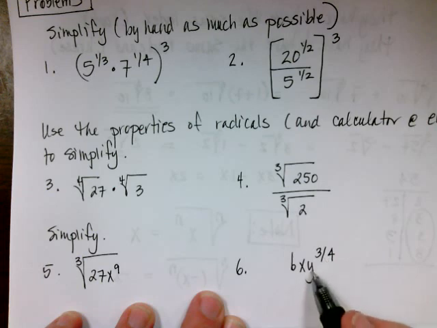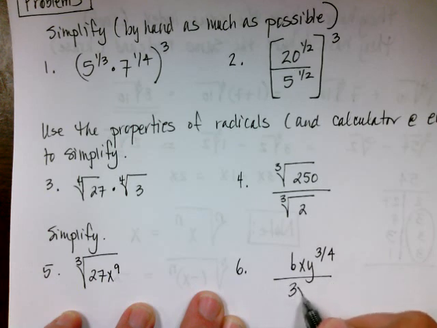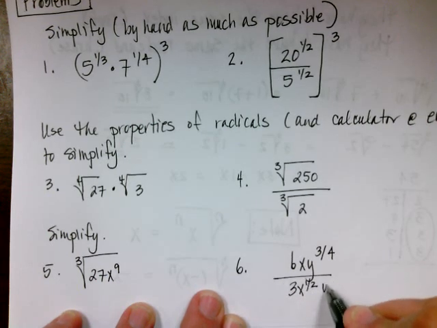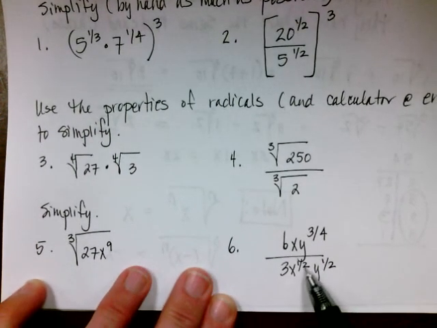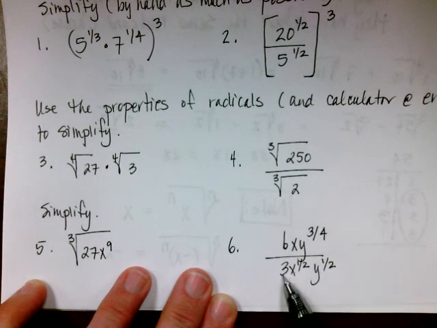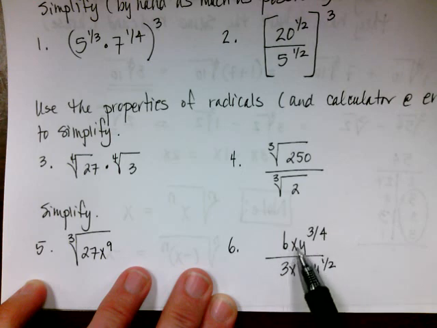Notice the 3/4 only applies to the y, and this is a 6, not a b, divided by 3x to the 1/2, y to the 1/2. And again, notice that this 1/2 only applies to the x and this 1/2 only applies to the y. It does not affect the 3, nor does the 3/4 affect the x or the 6.